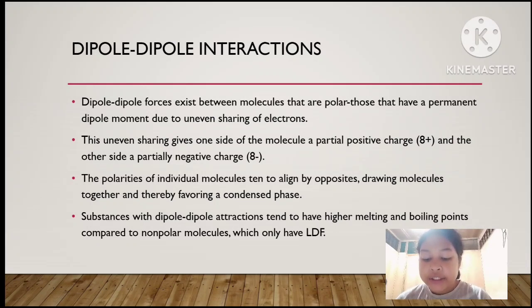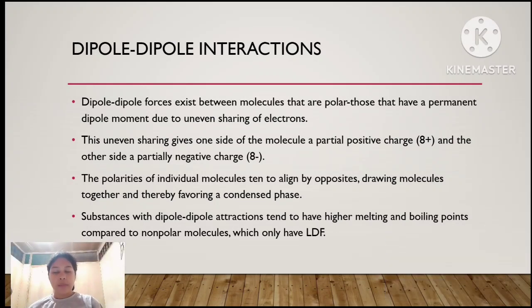The polarities of the individual molecules tend to align by opposites, drawing molecules together and thereby favoring a condensed space. Substances with dipole-dipole interaction tend to have higher melting points and boiling points compared to non-polar molecules, which only have LDF.